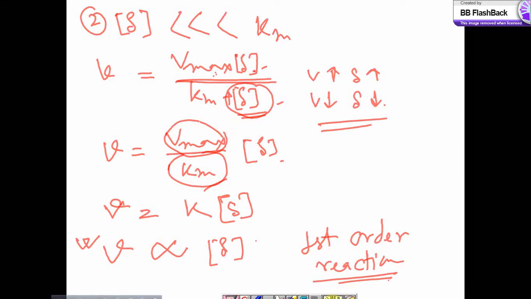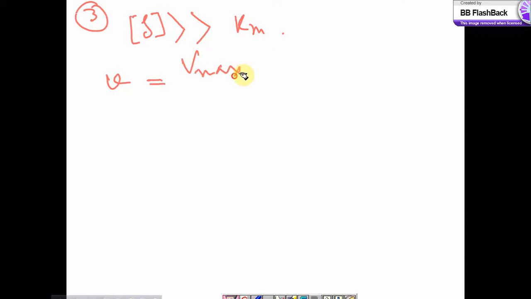Now the last condition, the third condition, is where the concentration of the substrate is far more than Km. In that case, write down the equation: v is equal to Vmax into S by Km plus S. Here you can always ignore Km, because the concentration of the substrate is far greater than Km.